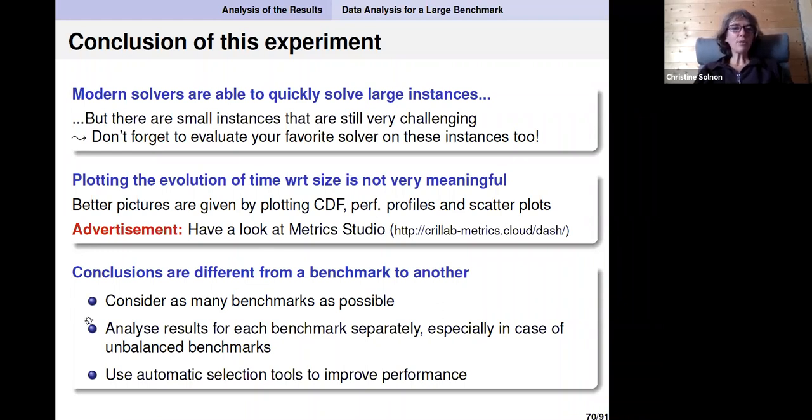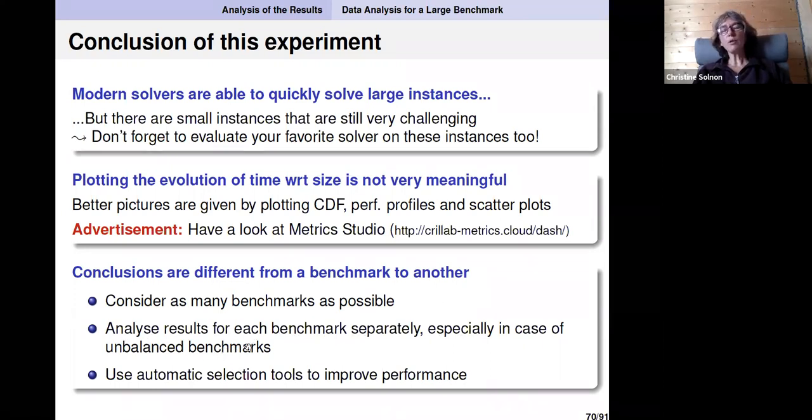So my conclusion is that the conclusions are very different from one benchmark to another. So of course you must consider as many benchmarks as possible, and not only those that are favorable to your solver. And it is better to analyze results for each benchmark separately, especially in case of unbalanced benchmarks.